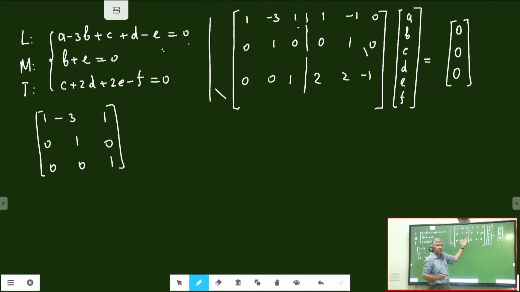Remember, just the standard matrix-vector multiplication. This is multiplied by that, this is multiplied by that, this is multiplied by that. So that's exactly what we want. We want to have the first three variables cut out. So therefore it will be A, B, and C.